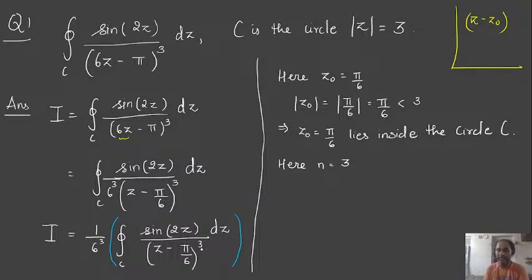Okay, n is equal to 3. Which 3? This 3, the power in the denominator that you can see, that is 3.